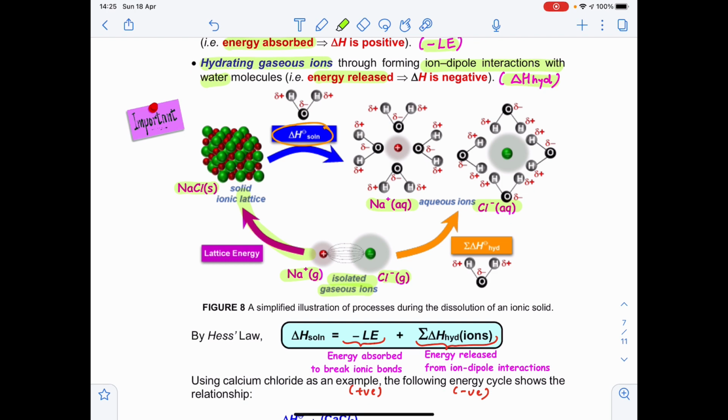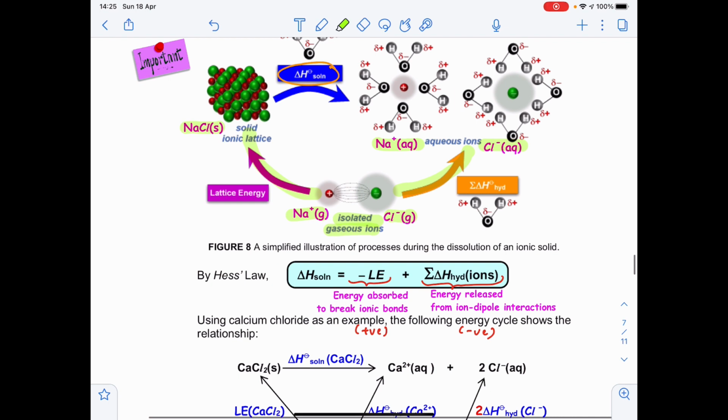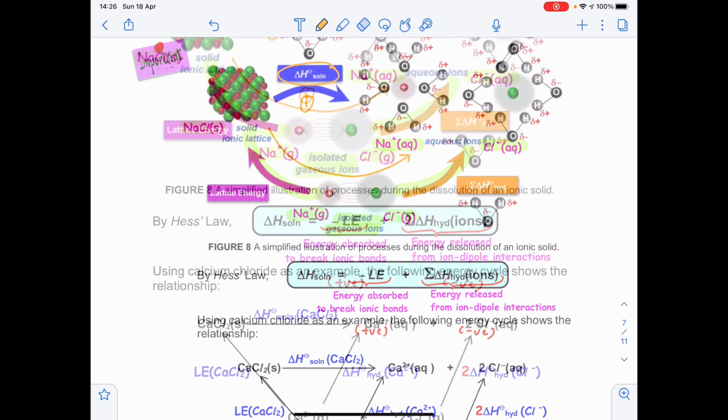Once the gaseous ions are formed, each of the ions will be hydrated to form aqueous ions. So this is the sum of the enthalpy change of hydration processes. So by Hess's law, the enthalpy change of solution, which is the direct path, will be equal to the indirect path: minus the lattice energy plus the sum of the enthalpy of hydration processes.